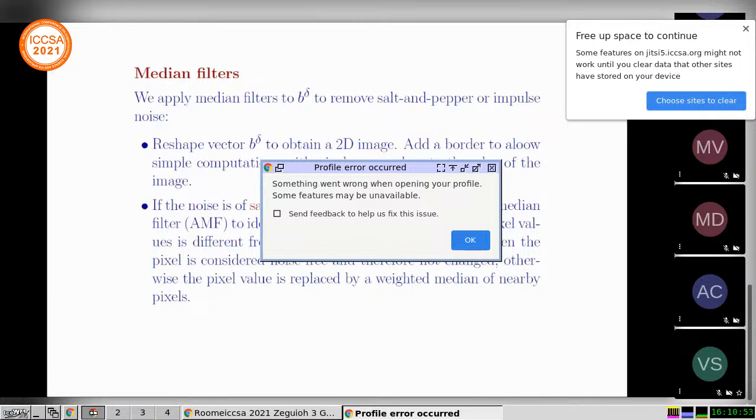If the contamination is by salt and pepper noise, then we use an adaptive median filter. This is fast. What the adaptive median filter does is it identifies the salt and pepper grains and then replaces them by a weighted mean. So this way we get a smoother image, but it's of course not really denoised, but it's smoother than the image that has been contaminated by salt and pepper noise.